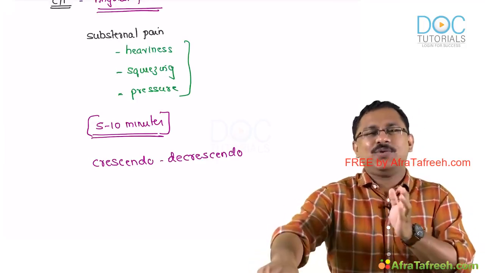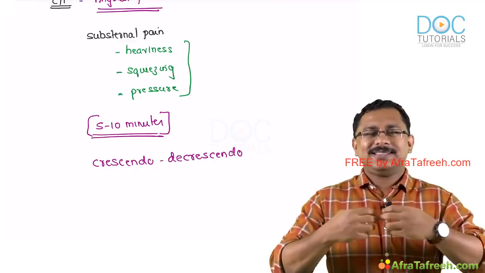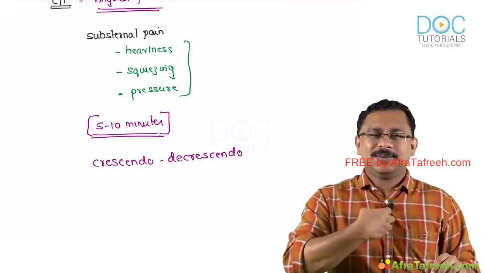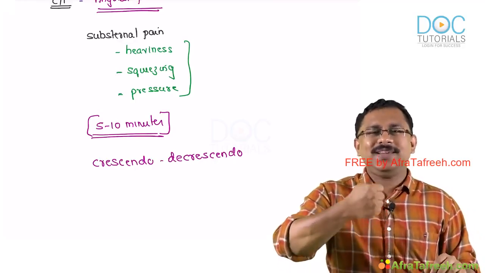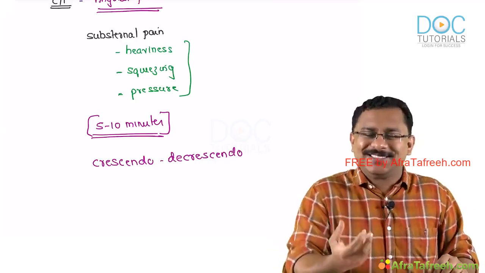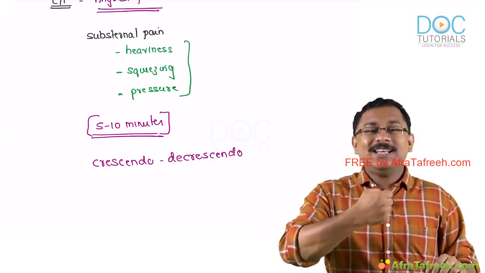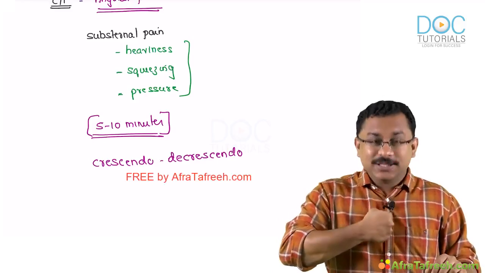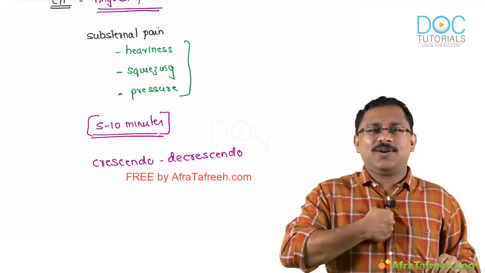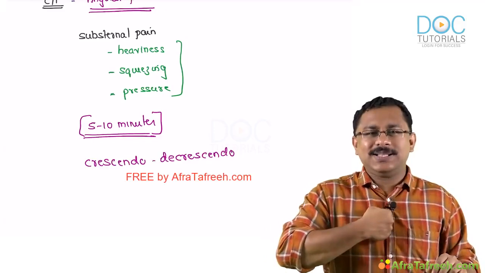Sometimes the patient would say that he has got a substernal pain, and he might try to demonstrate the chest pain by means of a clenched fist, over the precordium or over the sternum.